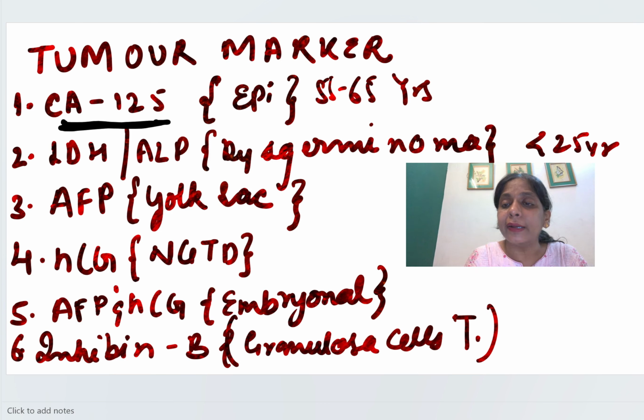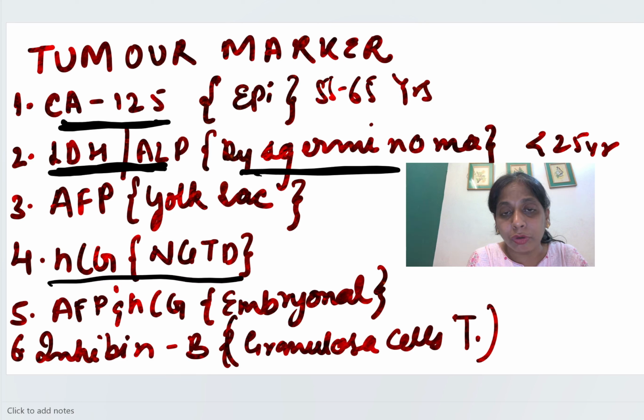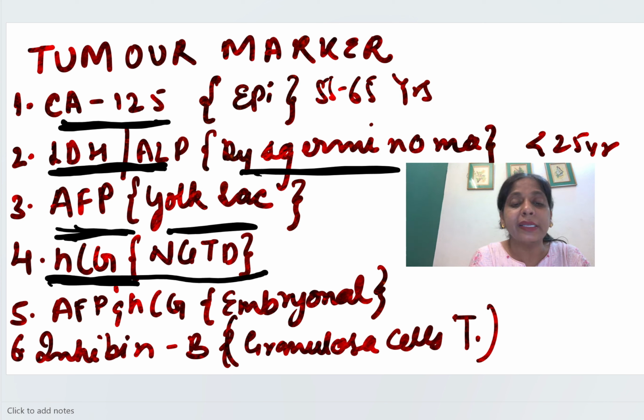If a young girl comes to you with an adnexal mass, then you will send LDH or alkaline phosphatase if you are suspecting dysgerminoma. If you are suspecting non-gestational trophoblastic disease, then you will send HCG. If you are suspecting yolk sac tumor, then you will send alpha fetoprotein.